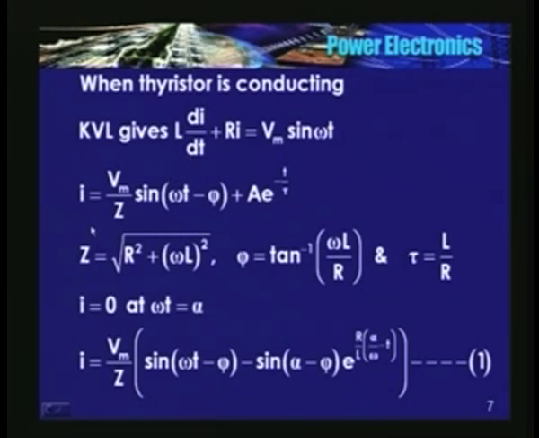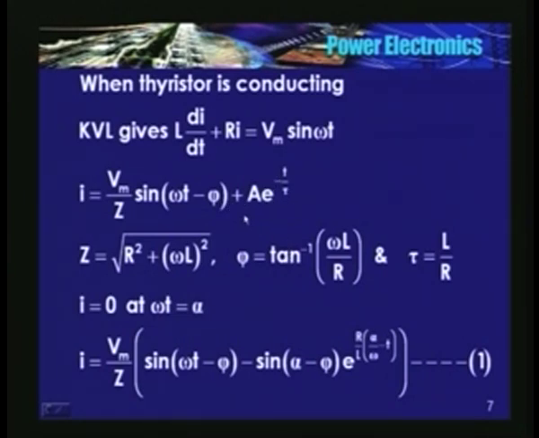The solution can be given by this equation: Vm by Z sine omega t minus phi plus A into e to the power minus t by tau.